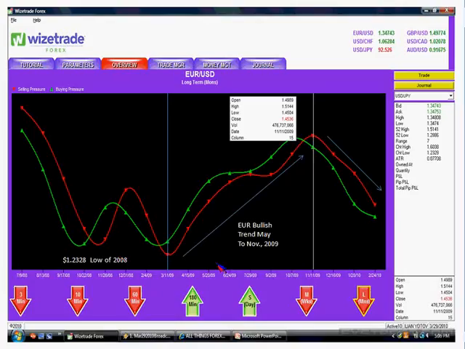We've noted, if you recall, last week, some of the trends that we've seen throughout 2009, the fourth quarter of 2009, and also the first quarter of 2010. Here we have the majority of 2009 where the euro was strengthening against the US dollar. But as you can see, in recent months, that has not been the case.